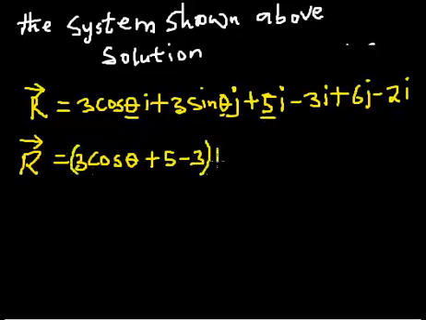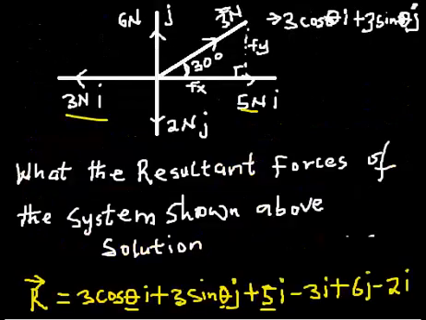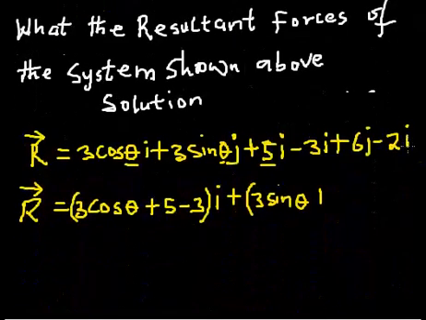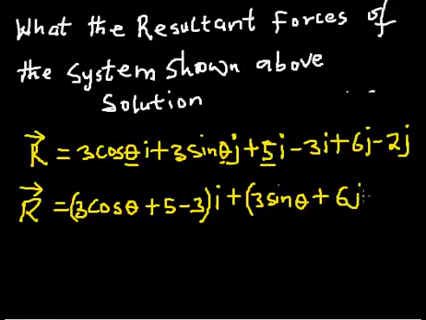If I factorize it, that's going to be I. Then plus my J component, starting with 3 sine theta, plus 6j, minus 3j.